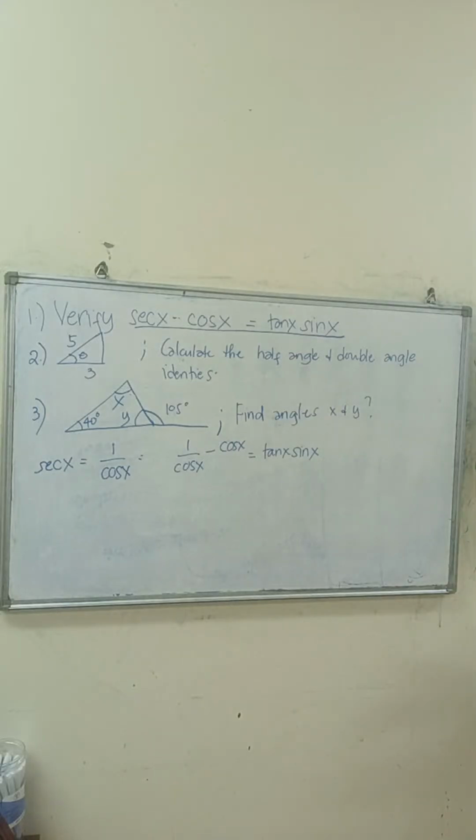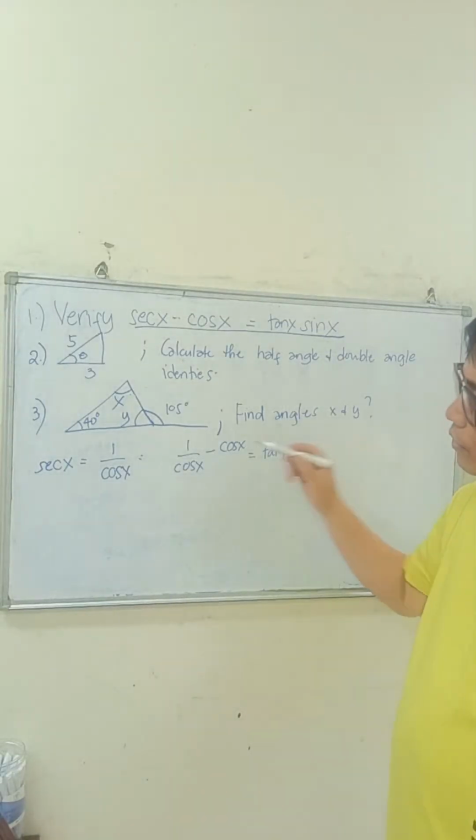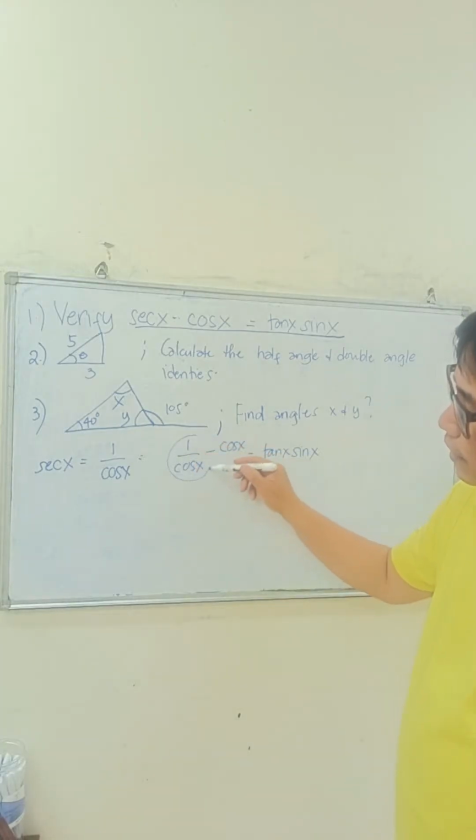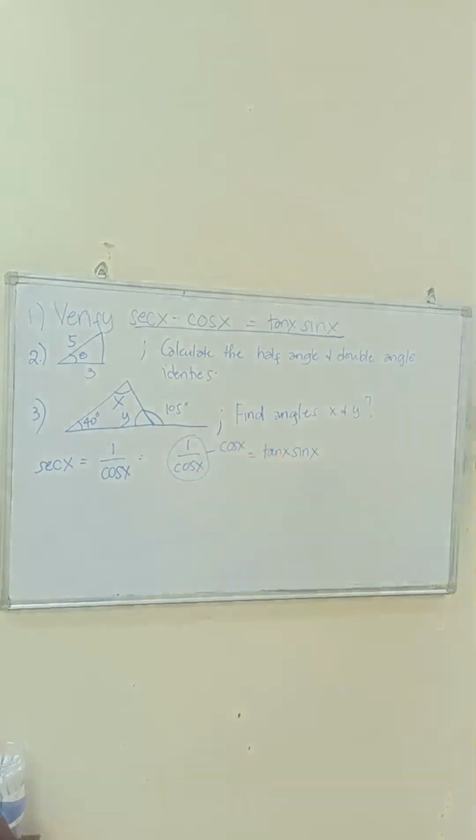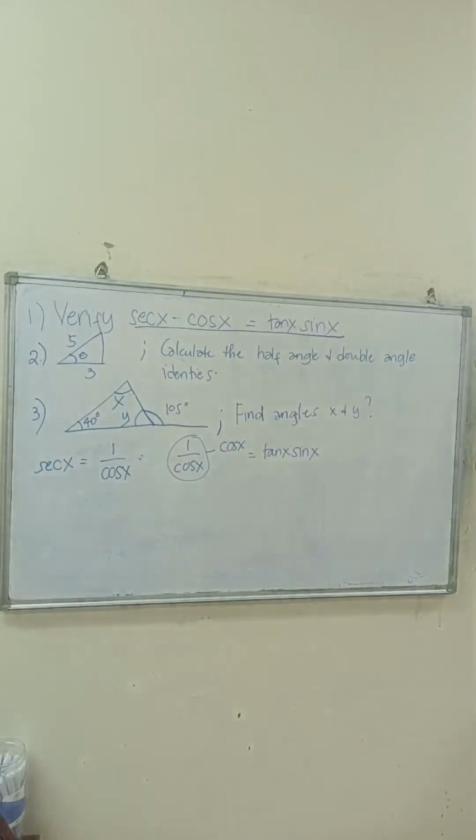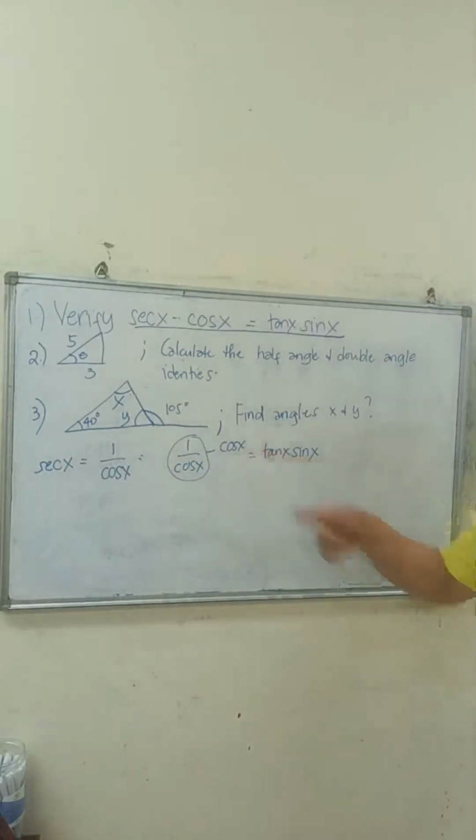But if you refer to the basic foundation of adding and subtracting fractions, you can get the common denominator. This is 1 over cosine x, a fraction in terms of a trigonometric function, and this cosine x is understood to be over 1. So we can apply two methods.